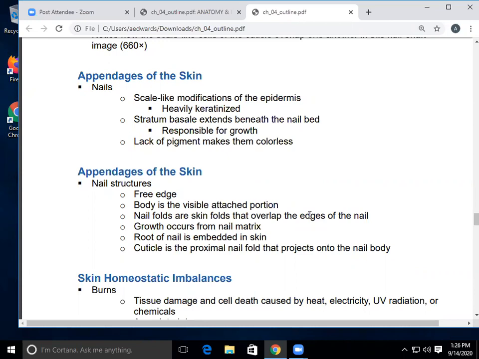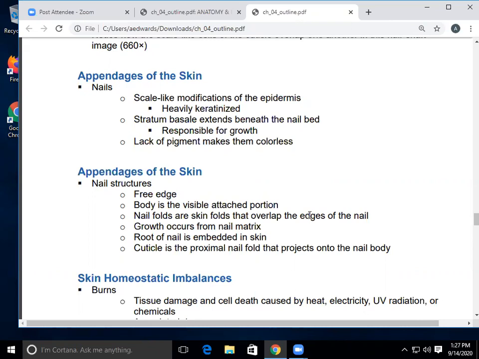And that stratum basale, remember, is the layer that has a lot of cell divisions, responsible for growth. And they don't have pigment in them, so they're colorless. That's why people like to put different colors on them, because we don't come with color on our nails naturally, right? You just kind of see the layers of skin below it.